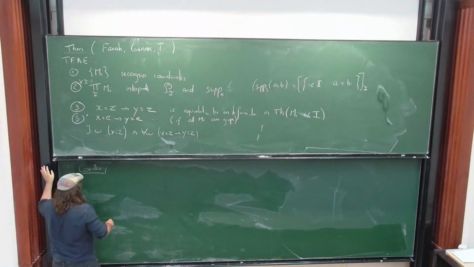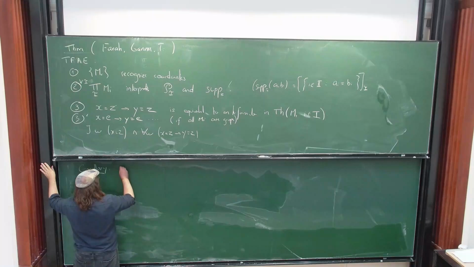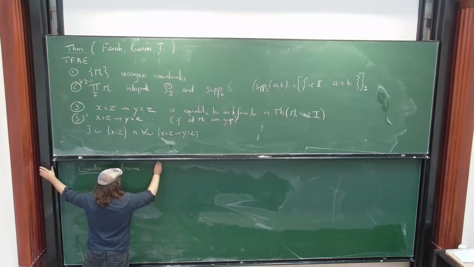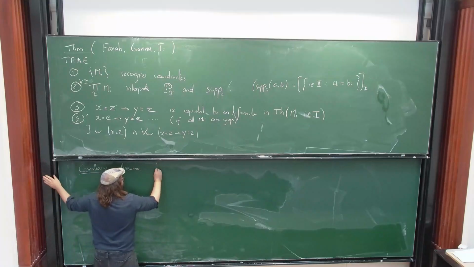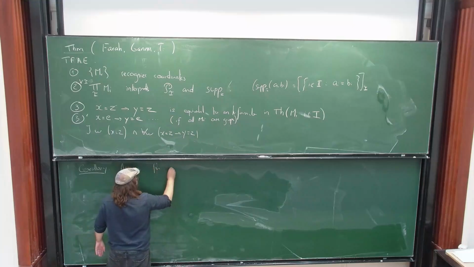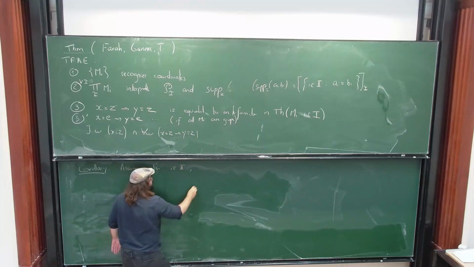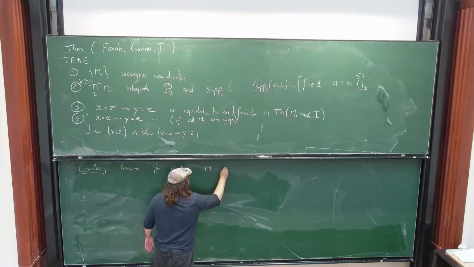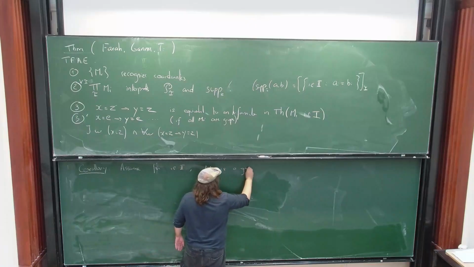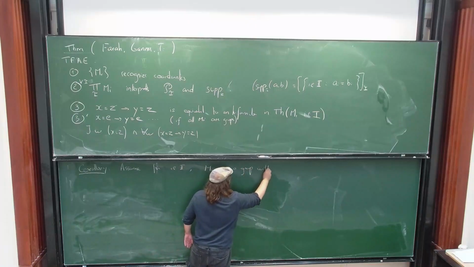Corollary. Let's assume for all i, M_i is a group with the following property.